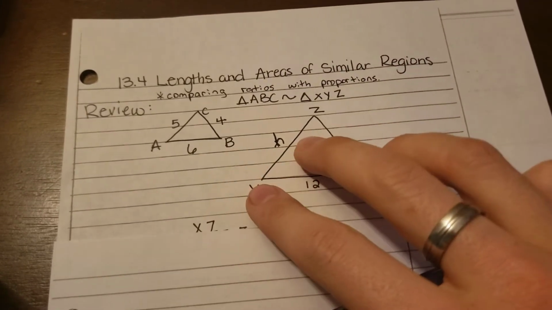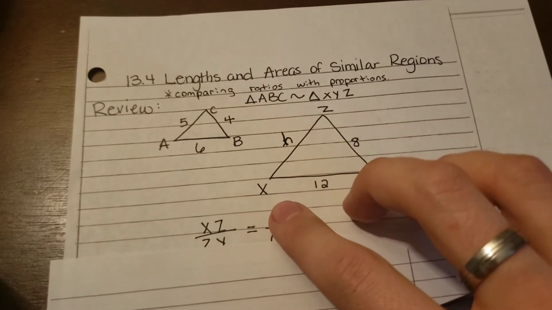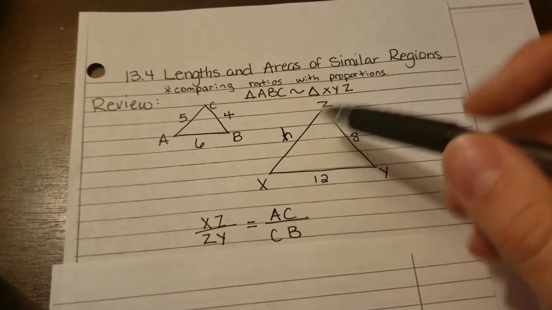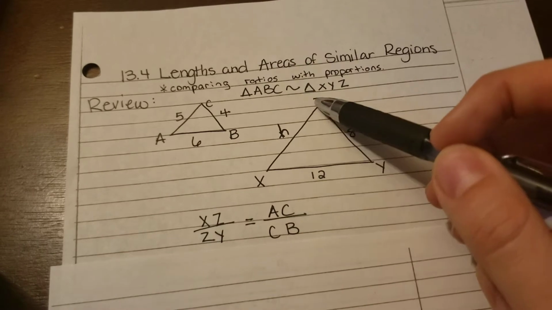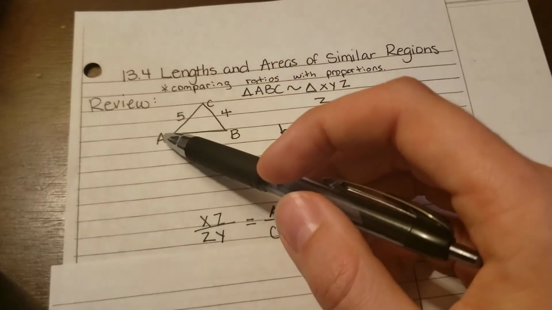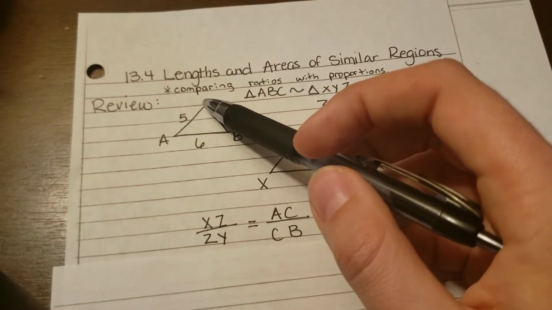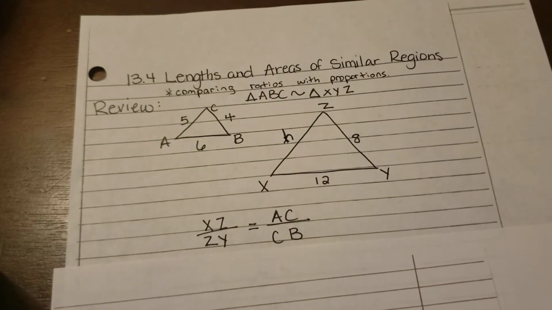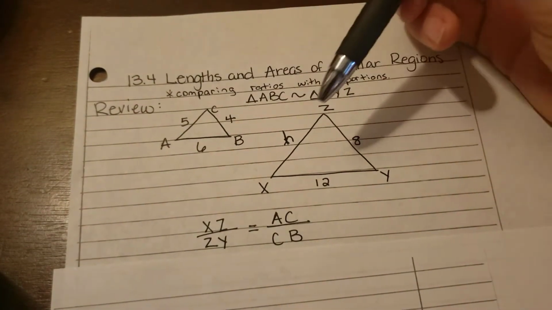So there's a few ways that we could go about this, right? We have that the line XZ is equal to the line AC. Rather, it's corresponding. It's not going to have the same value.